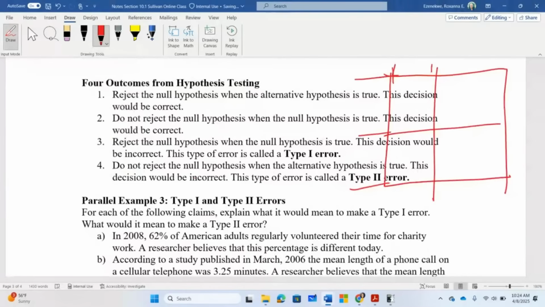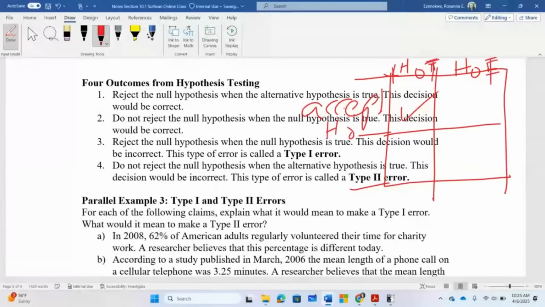Suppose that H0 is true. Suppose H0 is false, and you accept H0, that is a good decision, a correct decision.